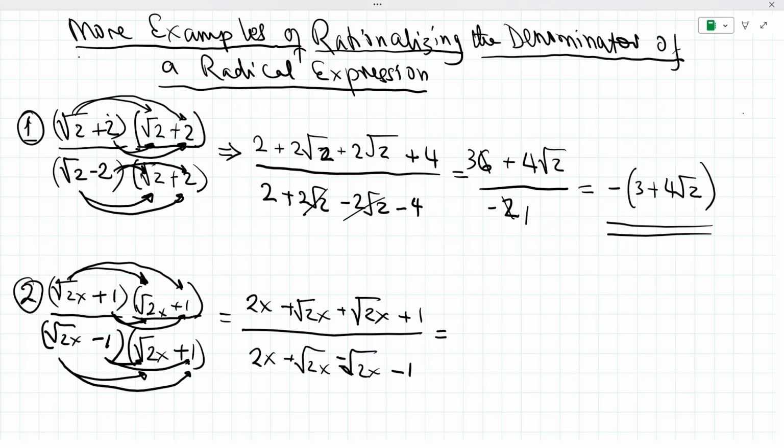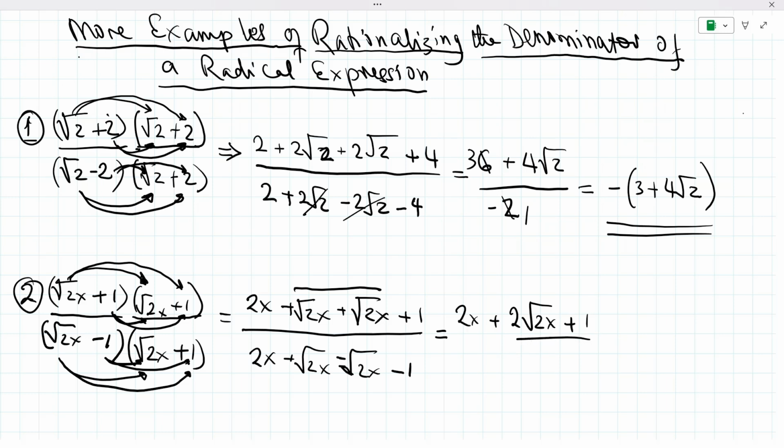So now this expression can be simplified by looking at these two. They are the same. Root 2x plus root 2x will give us 2 root 2x. So then we have here 2x at the beginning, and then plus 2 root 2x plus 1.